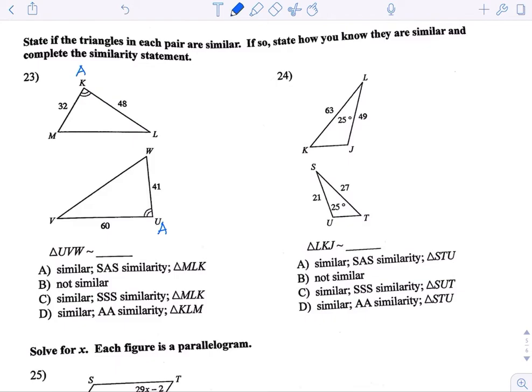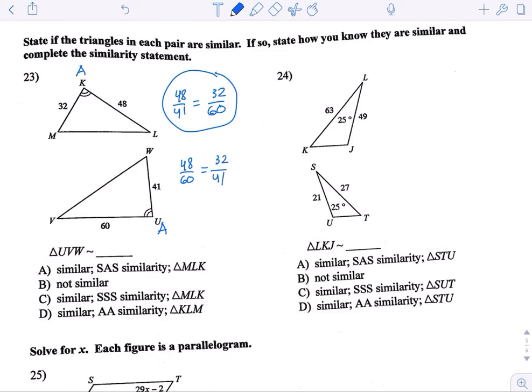So let's test it out. If I did 48 over 51, then I would have to do 32 over 60. Now, if you did this in your calculator, these two are not going to equal each other, so I can't do that combination. So instead, let's compare the 48 to the 60, and let's compare the 32 to the 41 to see if that changes anything. Okay, 48 over 60, and we got 32 over 41.